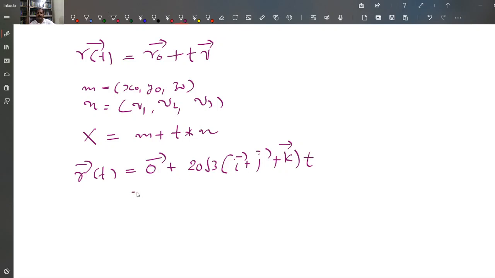To plot this, you write m as 0, 0, 0 and n as 1, 1, 1 in GeoGebra, and t here is 20 root 3 t.